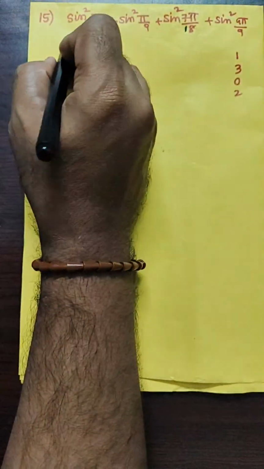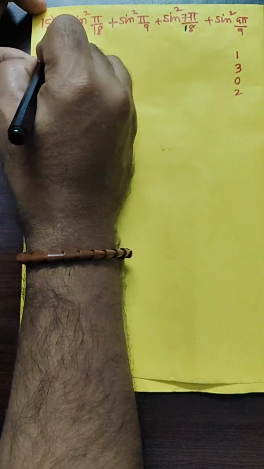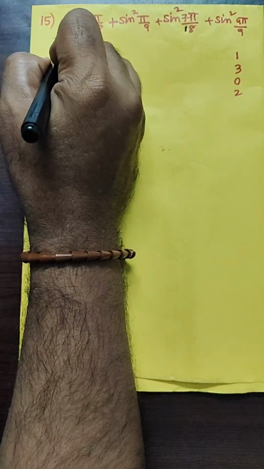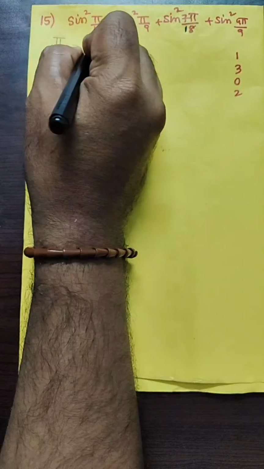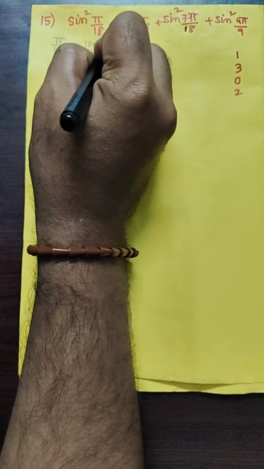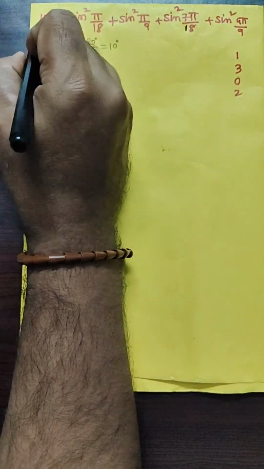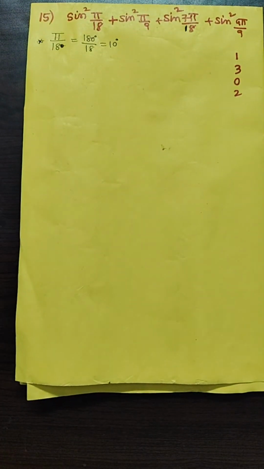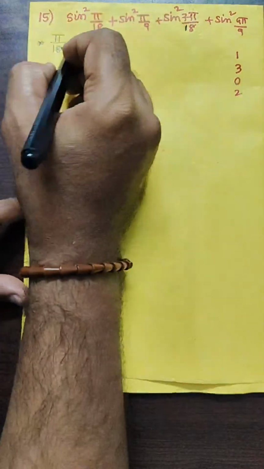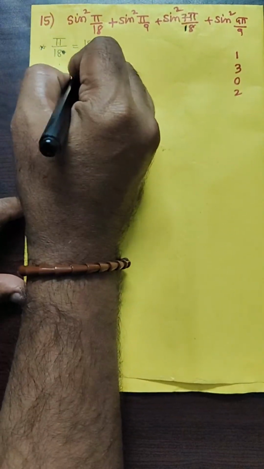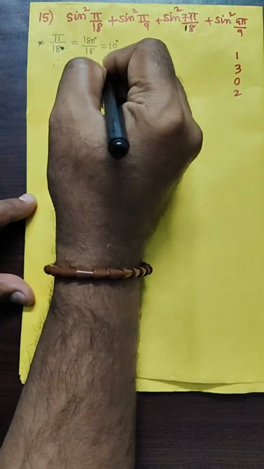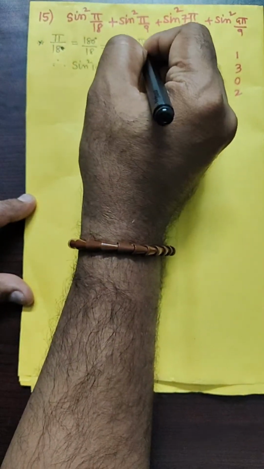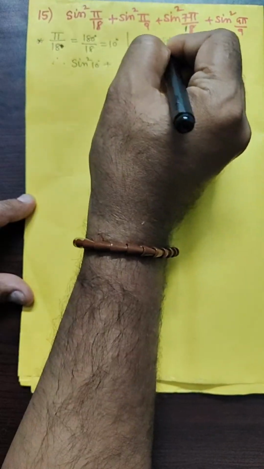See, pi by 18. Pi means 180 degrees, by 18. This will be 10 degrees. So pi by 18 means 10 degrees. Later it will be sine square of 10 degrees plus pi by 9, that is equal to 180 degrees by 9.